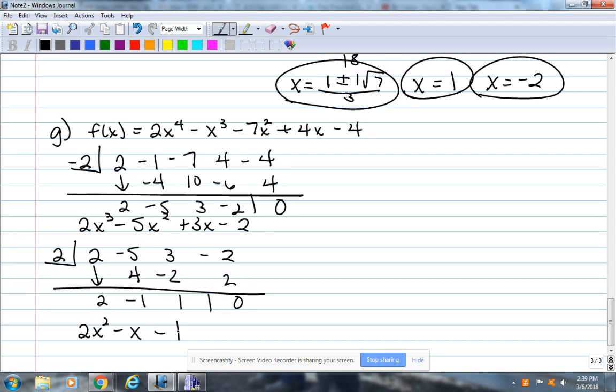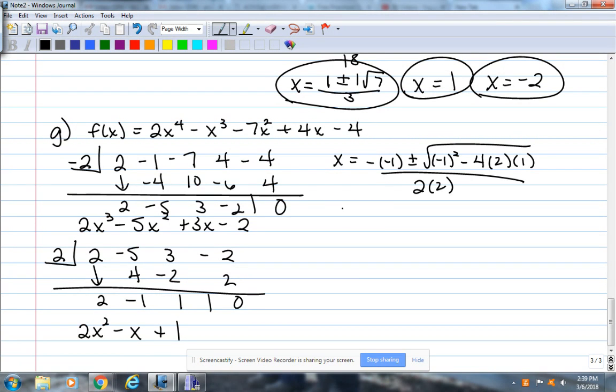All right, let's do quadratic again. That should be a +1, shouldn't it? Sorry. So x equals -b plus or minus the square root of b squared minus 4ac, divided by 2a. So -1 plus and minus the square root of -1 squared minus 4 times 2 times 1, divided by 2 times 2.